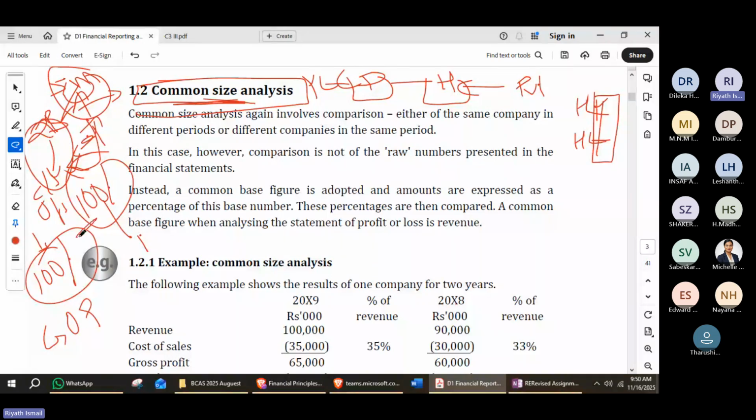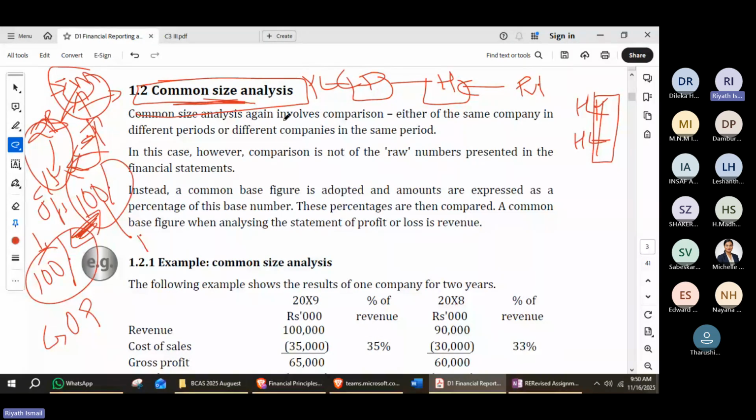So now it is common, standardized. Sales of both companies are converted into 100%. For 100 rupees revenue, how much profit do Dialog and Hutch make? So this is called common size.